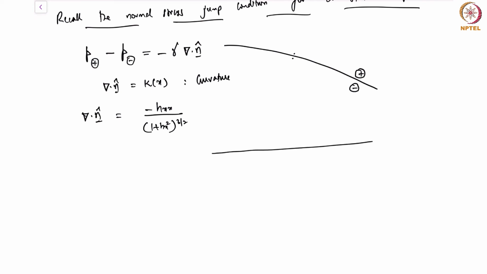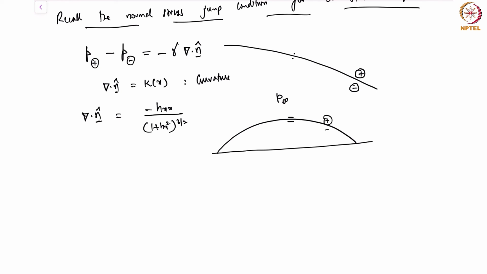Let's apply it to the problem at hand. So we have a droplet like this. We'll say that the pressure above is P infinity. So we are interested in the pressure just a little above and a little below the interface.